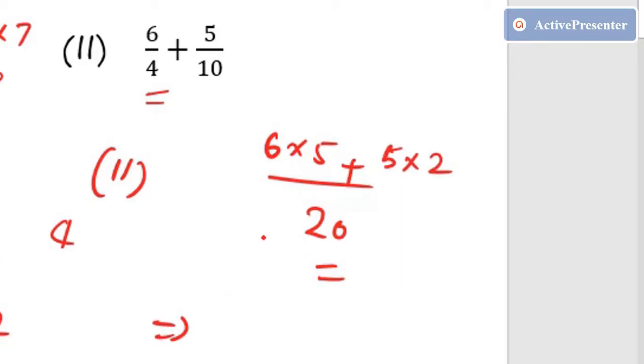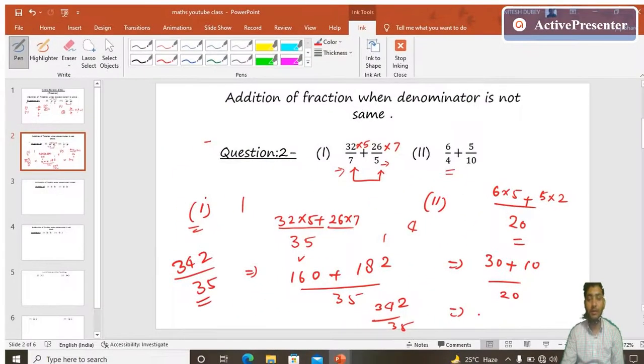Now 6 5s are 30 plus 5 2s are 10, upon 20. Again 40 by 20. 40 by 20 is nothing but 4 by 2, which is going to be 2. In this case your correct answer would be 2.